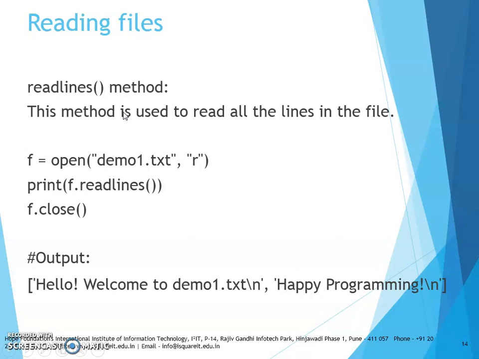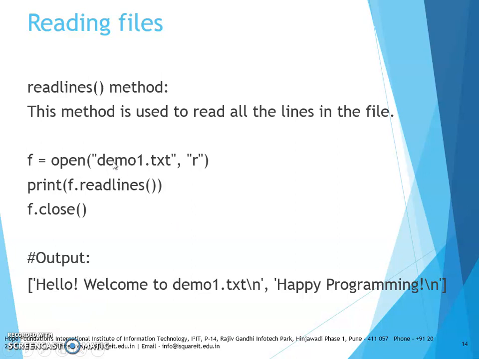If we want to print multiple lines, then we can use readlines. So we have studied first of all only the read method, f.read. In that, if you remember, the output was displayed on all the lines, like first line, second and so on.